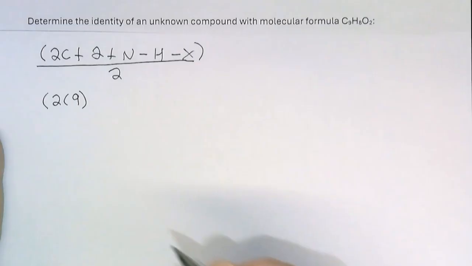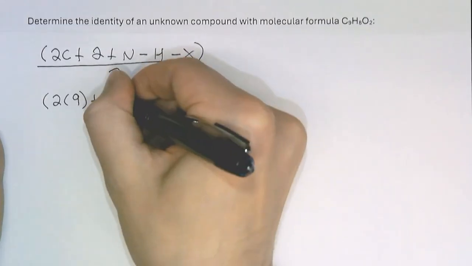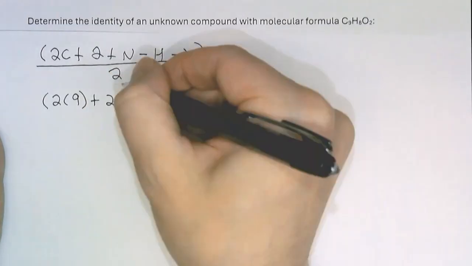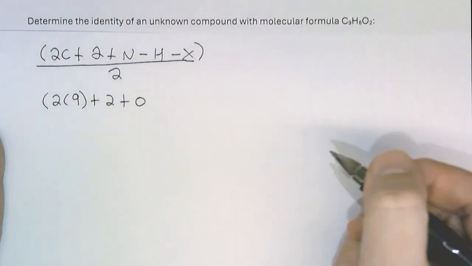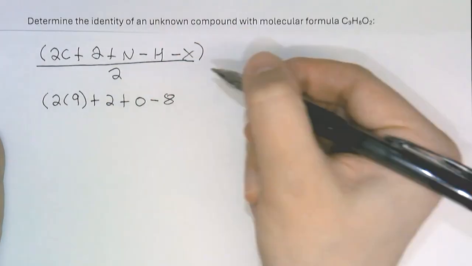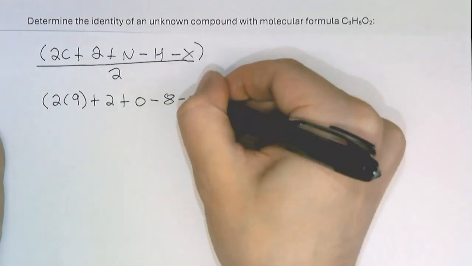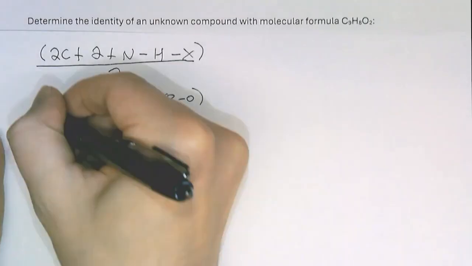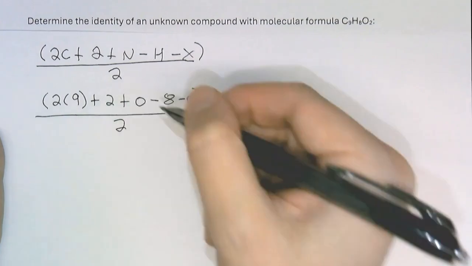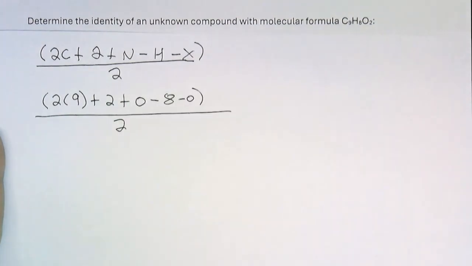So we have 2 times 9 plus 2 plus 0 minus 8 minus 0 all divided by 2.